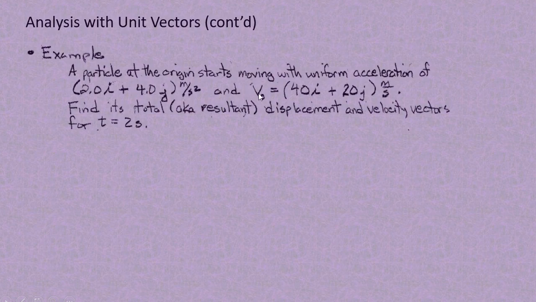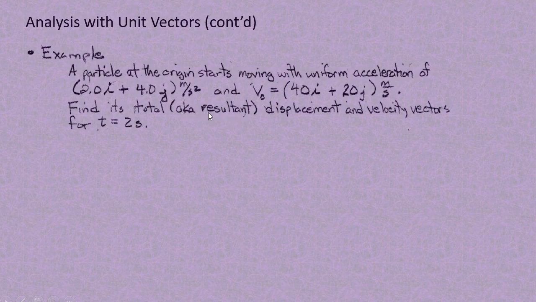And its v sub naught, or initial velocity, is 40 i plus 20 j meters per second. So this means that the initial velocity in the horizontal dimension is 40 meters per second, and in the vertical dimension 20 meters per second. So we want to find its total displacement and velocity vectors.